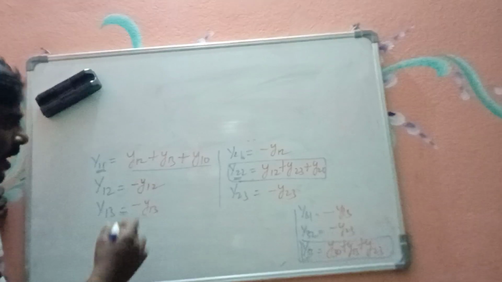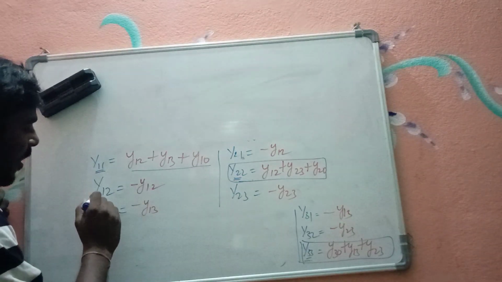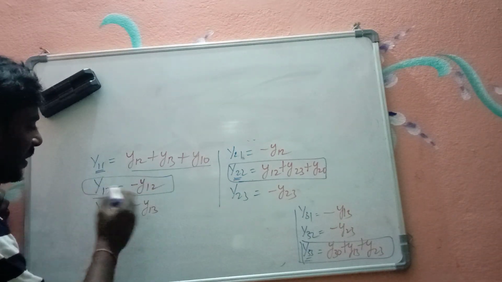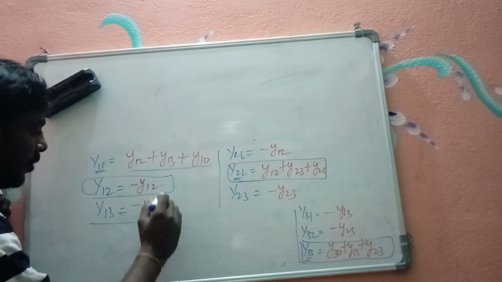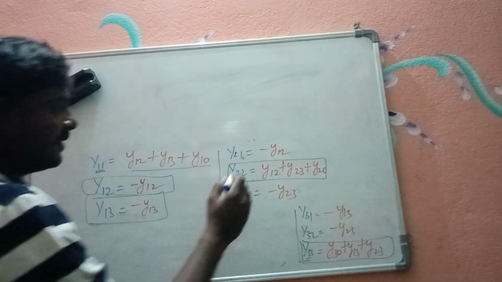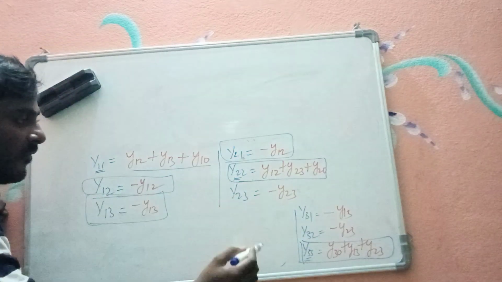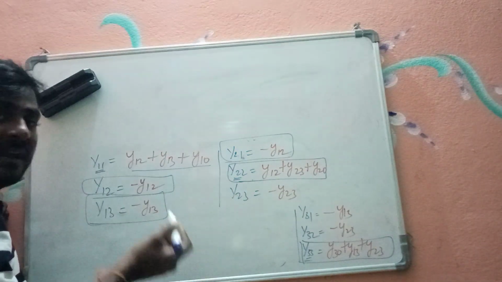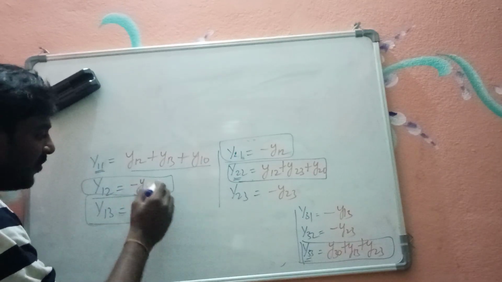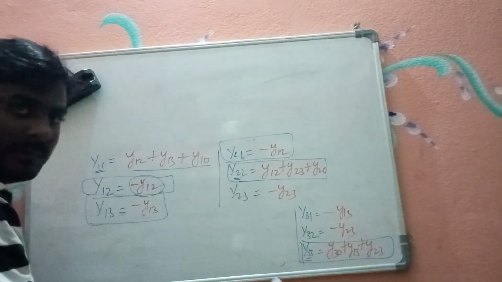Similarly, if you observe the off diagonal elements, Y12 is minus y12, Y13 is minus y13, Y21 is minus y12. Like that, any off diagonal element is obtained just by taking the negative value of the actual admittance.